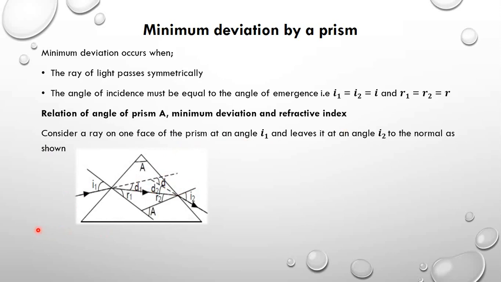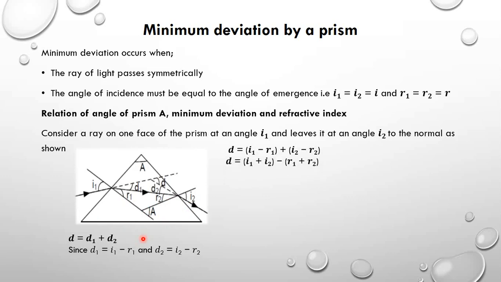The deviation D is given by D1 plus D2, where D1 is equal to I1 minus R1, and D2 is I2 minus R2. When you substitute for that in D, you shall get this. Then we also know that R1 plus R2 is equal to A, and therefore D is going to be I1 plus I2 minus A.